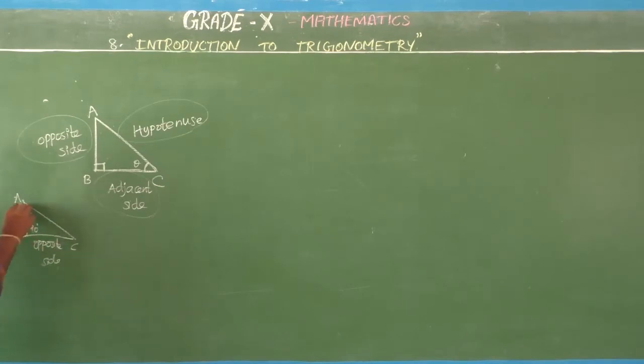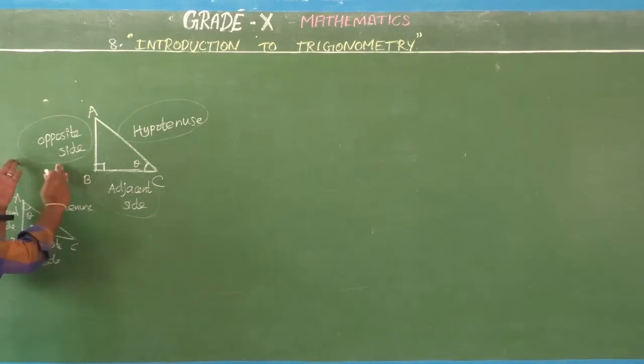Opposite to angle A, that is theta, is the opposite side. The hypotenuse is the same, opposite to the right angle. And this is the adjacent side; the remaining side is the adjacent side. So for that we take the adjacent side, opposite side, and hypotenuse also. Have you got it, children?